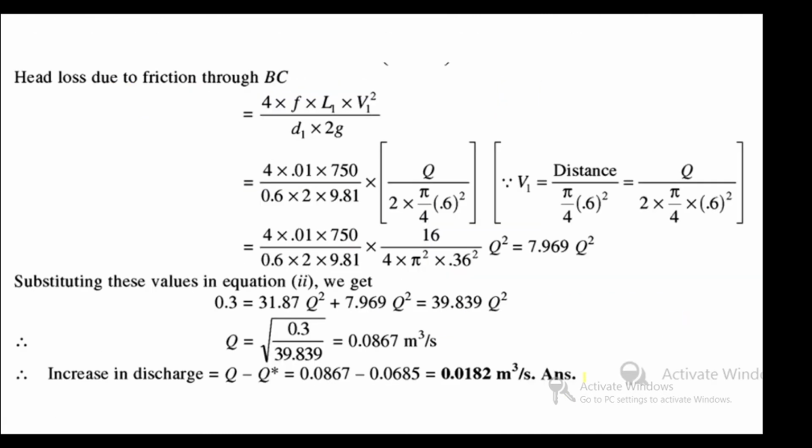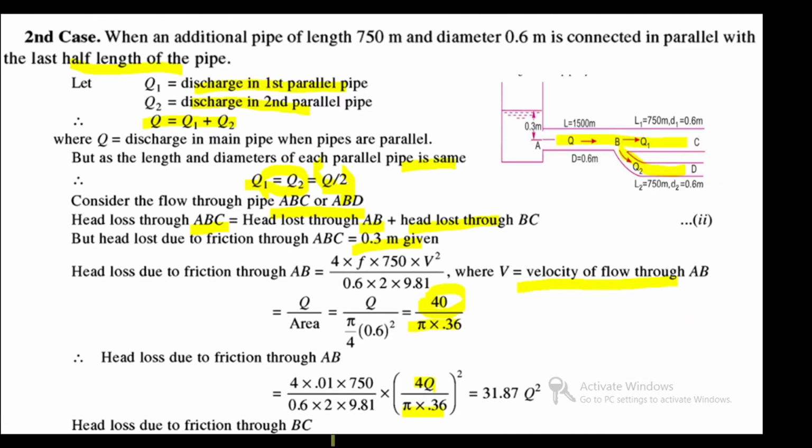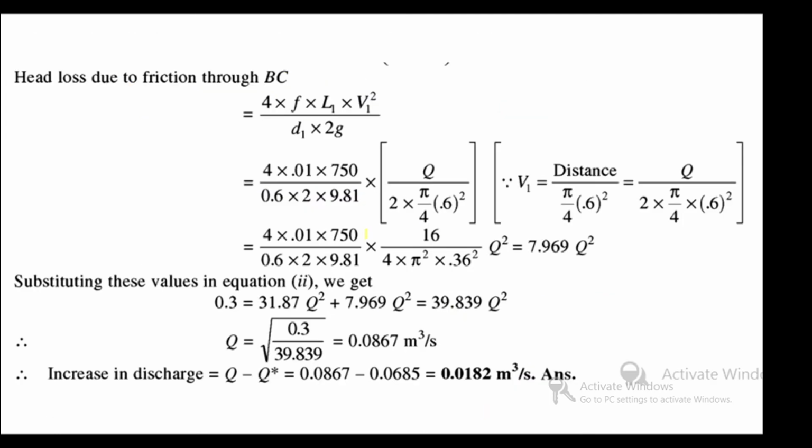And then the head loss due to friction through BC, after the head loss in AB in terms of Q square, is 4FL V1 square divided by D1 into 2G. Here V1 equals Q divided by 2 into pi by 4 into D square.